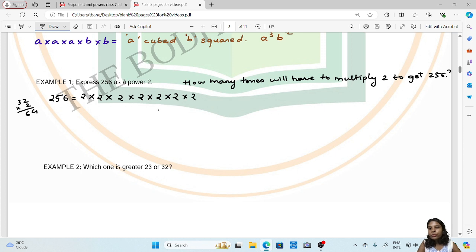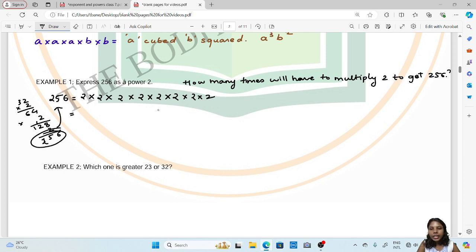Then 64 into 2 is what? 128. Then again into 2, this into 2, 256. So we get, sorry, this is 256. So we have got our answer over here.